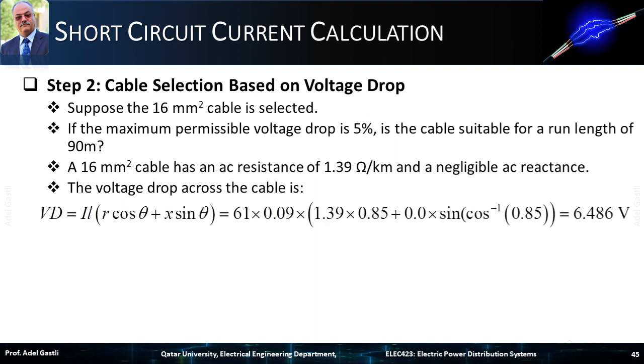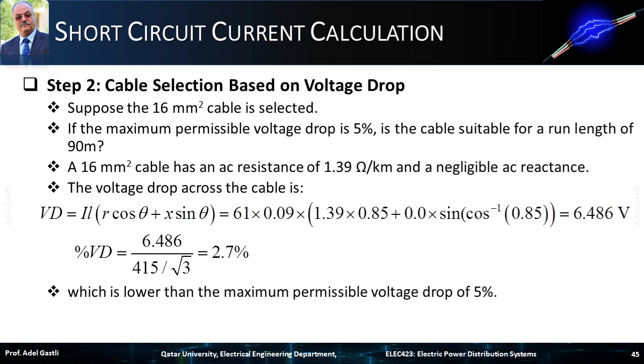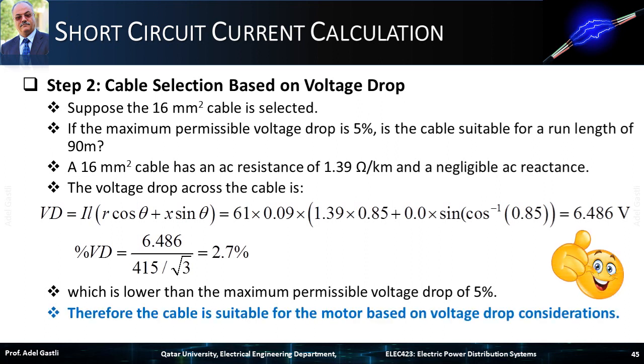The voltage drop across the cable is calculated as follows. So, the percent voltage drop obtained is 3.96%, which is lower than the maximum permissible voltage drop of 5%. Therefore, based on voltage drop considerations, the selected cable is suitable for the motor.